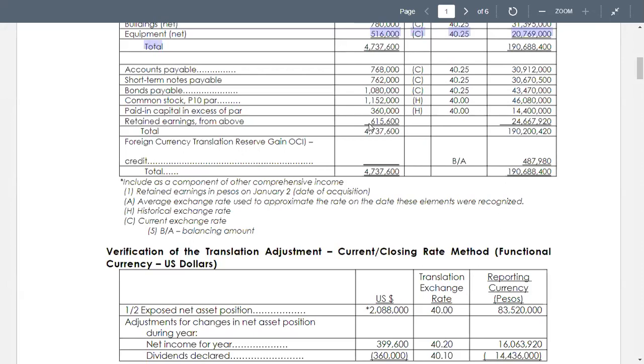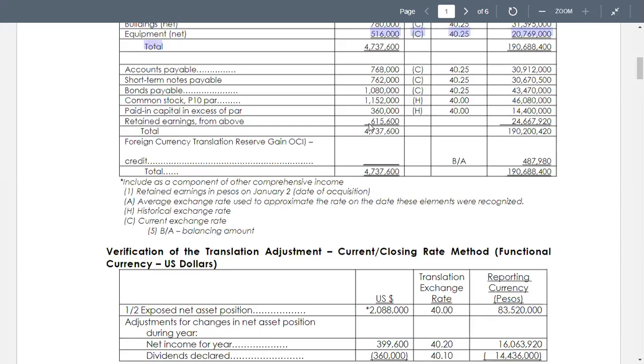With the temporal method, we also have a set of rules on how we assign values to our various items. So, how do we value our assets and liabilities? Monetary assets and liabilities are translated by using the current or the closing rate. An asset or liability is monetary if it represents a claim to a fixed amount of pesos.